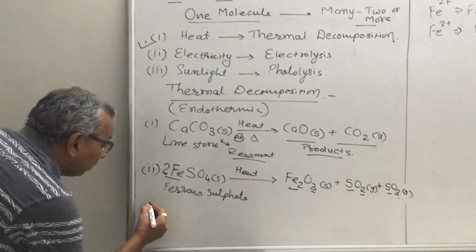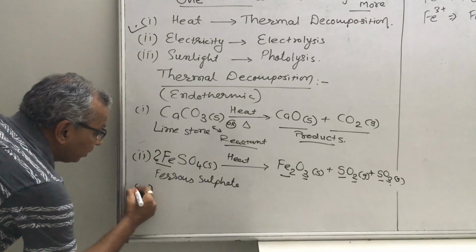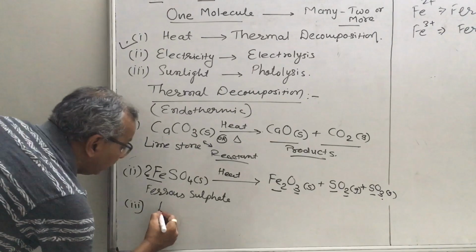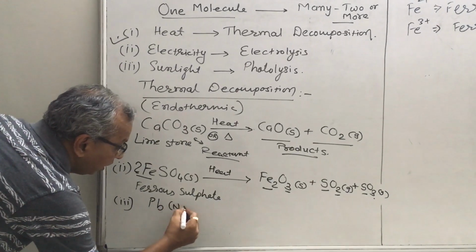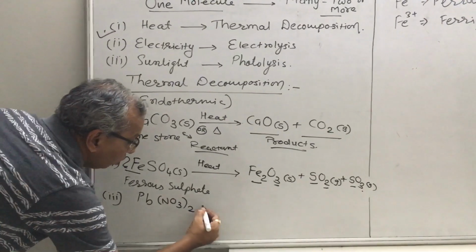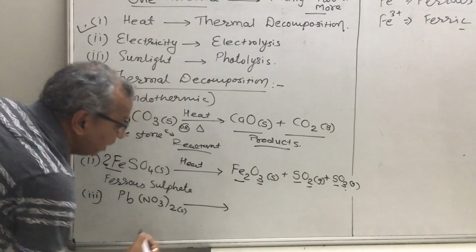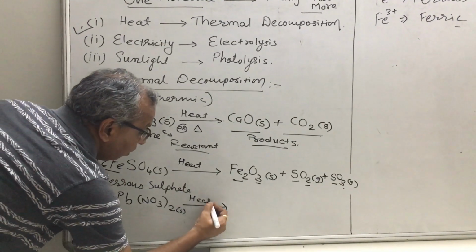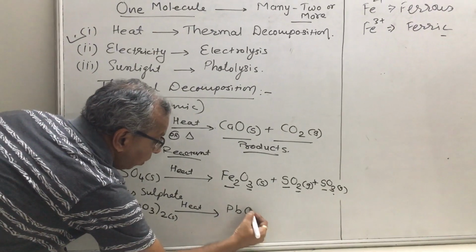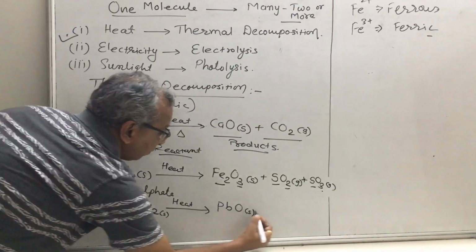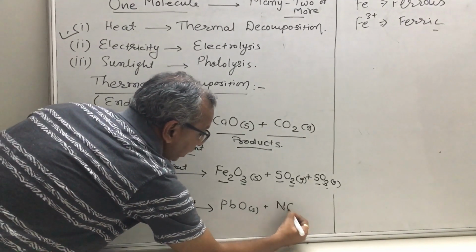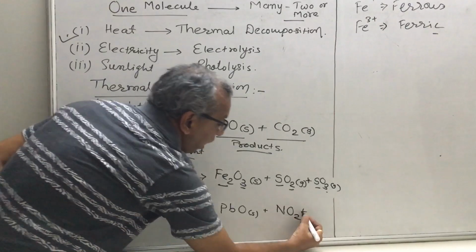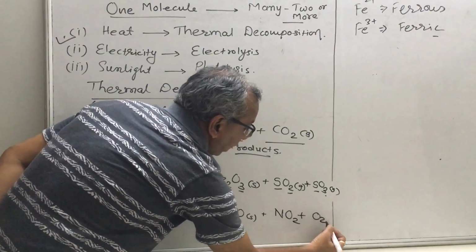Last and third example is lead nitrate. Lead is Pb, nitrate is NO3. So lead nitrate is Pb(NO3)2. When it is heated, we will obtain lead oxide, which is in solid form, plus nitrogen oxide and oxygen gas.